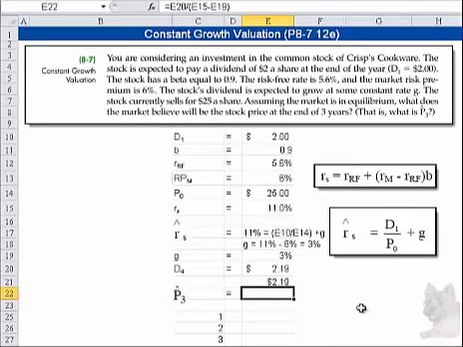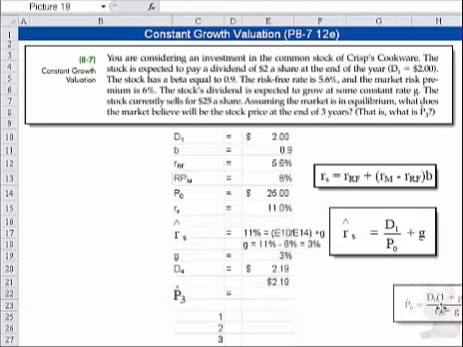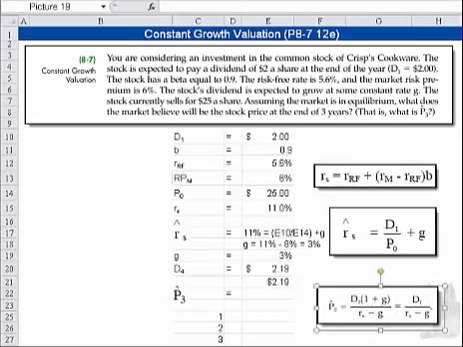And then we need to solve for the expected price at the end of year 3. And the way we do that is we bring in the formula that you would solve for the expected rate of return right now, and we just have to use the values that we've calculated for the dividends at D4.